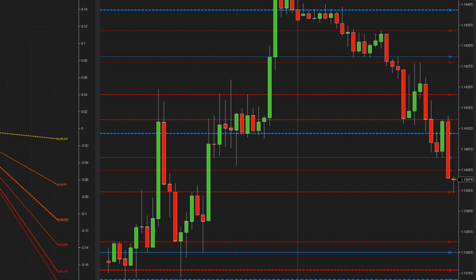I've got this set to the finest filter that you can use to filter down to the stronger levels, or if you want all of them displayed, as I have here, I have all the levels up and down the chart. As you can see, we've got various minor and major levels. The thickness of the line denotes a stronger level, thinner lines weaker levels.